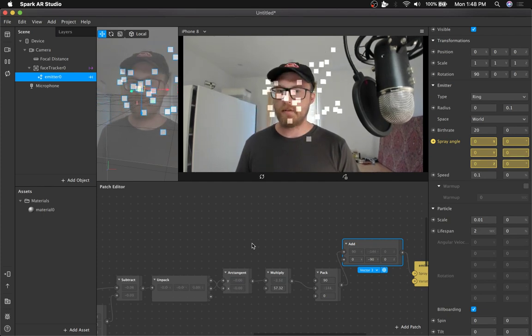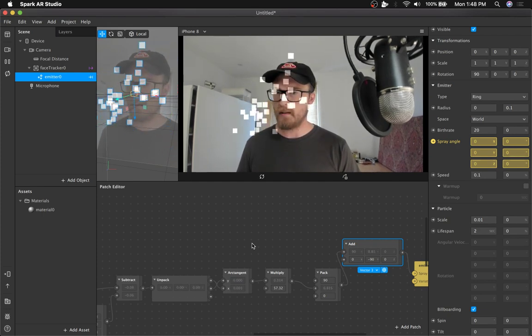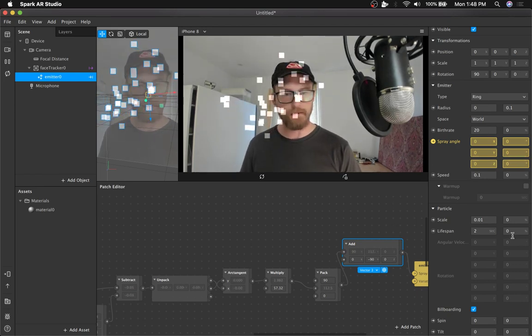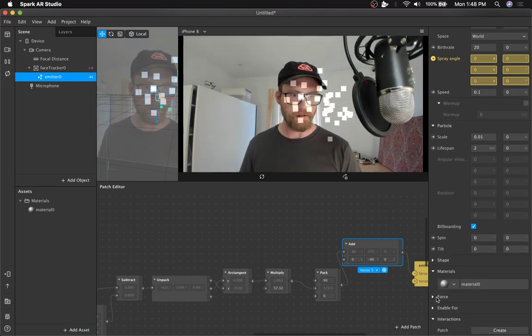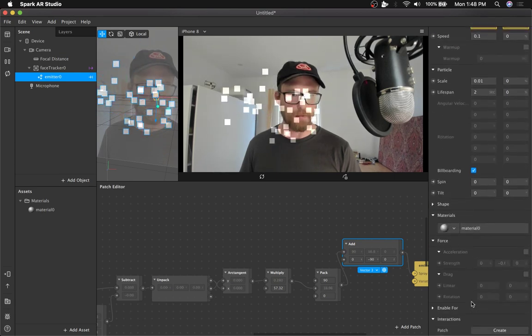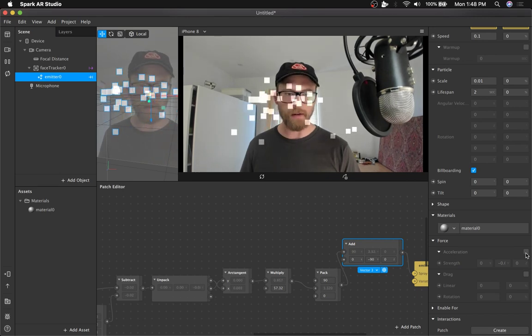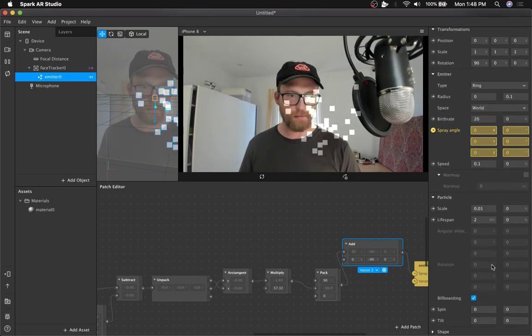I guess going into more details on how to make it feel like a natural thing. There's this little tab called force. So if you just want to apply gravity, that would be pretty simple.